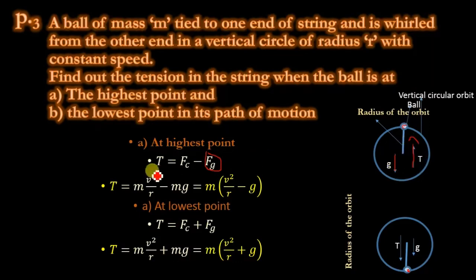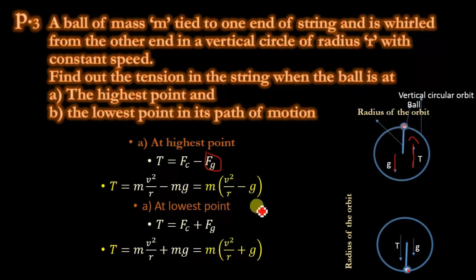That's why we write T is equal to Fc minus Fg, where Fc is the centrifugal force, which is equal to mv square divided by r, and minus mg, mass of the ball and gravity. Taking m common from this equation, we will get tension T is equal to m into v square divided by r minus g. And this is the tension T in the string when the ball is at the highest point.